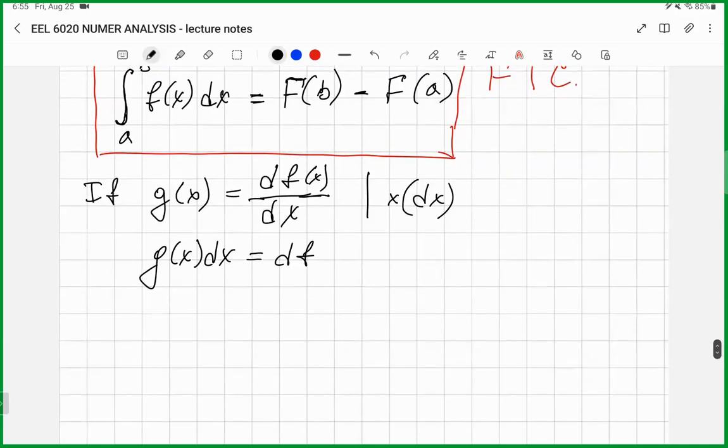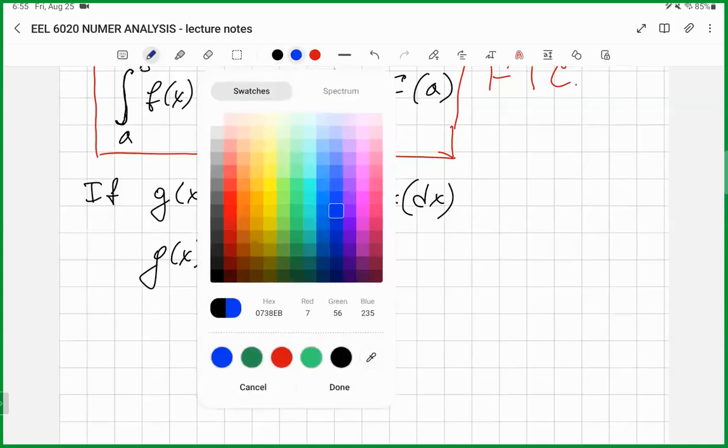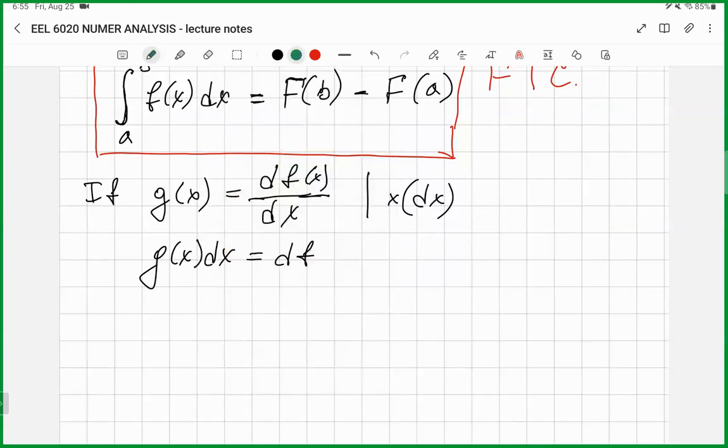And now I do this operation of integration, right? I integrate both sides, so I will get the integral of g(x) dx equal to the integral of df.